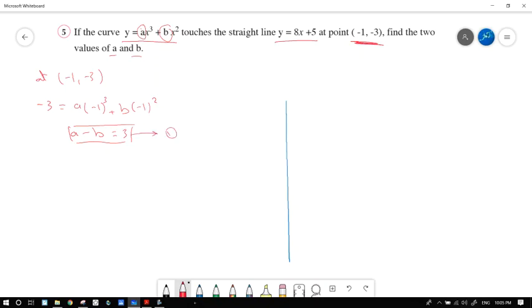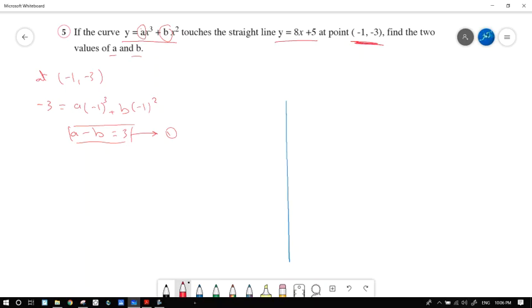And as we learned from previous years, if I have two unknowns, I should have two equations. So I will search for another equation to find the relation between a and b to find the value of them. The second equation, I can find it from the slope of the tangent.